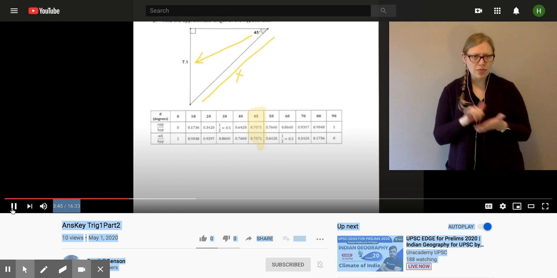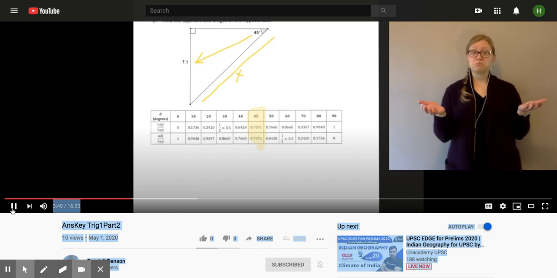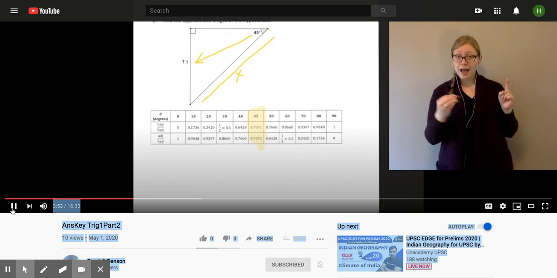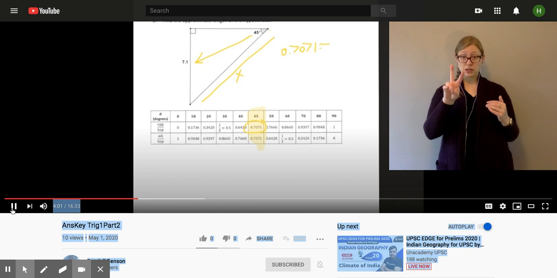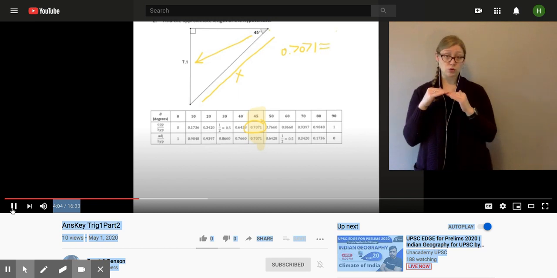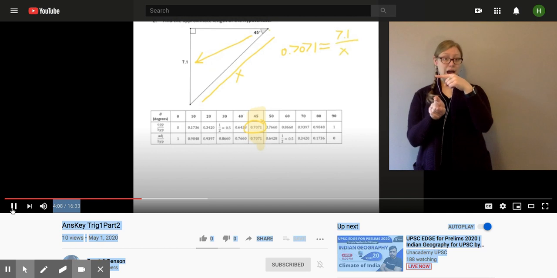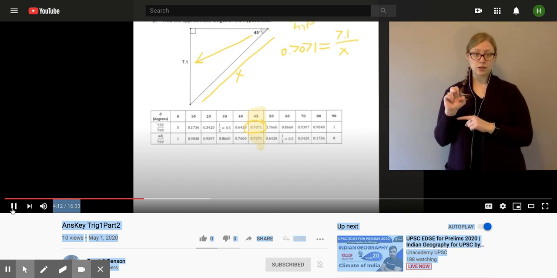Well, we're going to relate the side opposite and the hypotenuse. So the opposite over hypotenuse is 0.7071. And so that is going to be equal to, the opposite side is 7.1. The hypotenuse is x. So we're using the opposite over hypotenuse ratio.